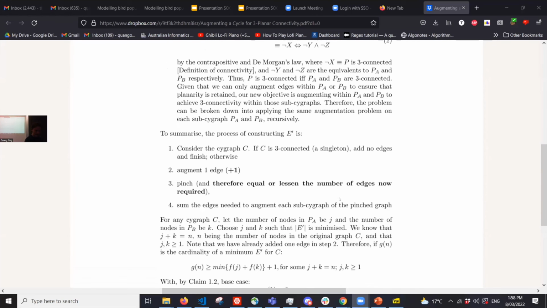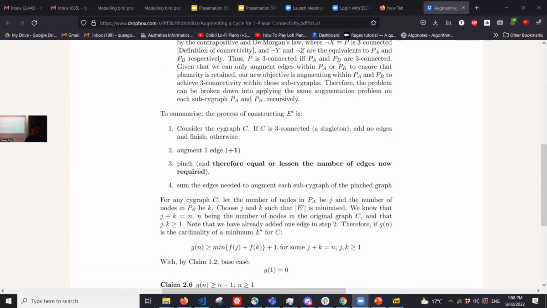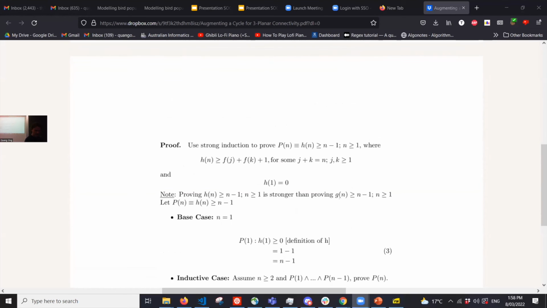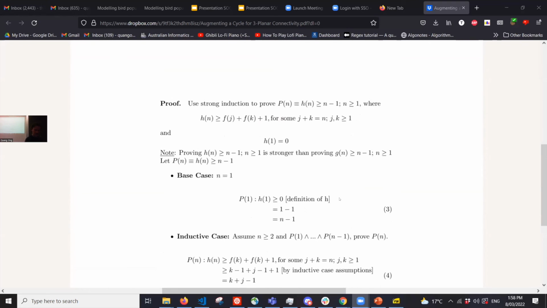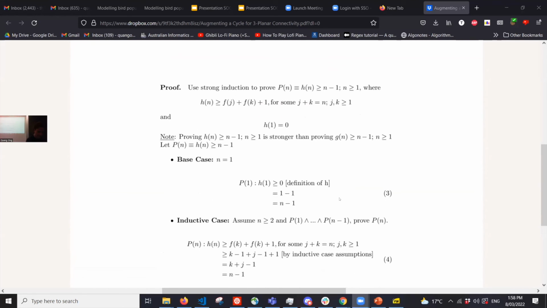And this final step actually uses strong induction, which, if you guys have done real analysis, you look at induction, but strong induction was something I had to familiarize myself with.